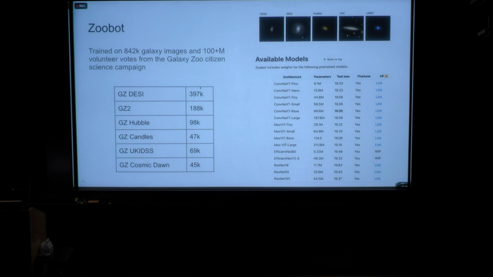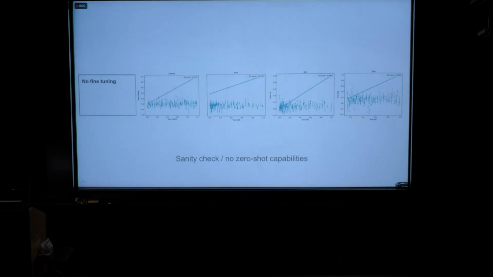So among all of these different architectures, we chose the ResNet 18 model, which has around 11 million parameters. And then we removed the final classification head of this model and replaced it with a regression head to predict the parameters of our simulation.